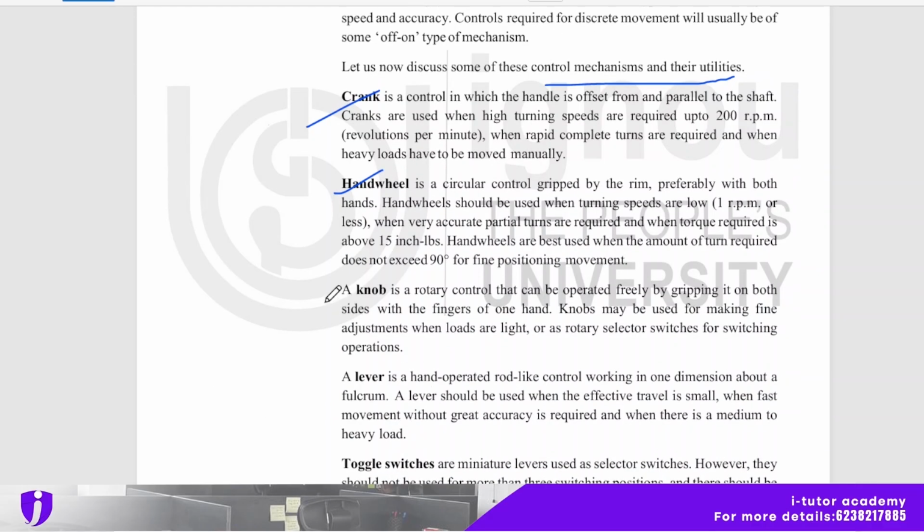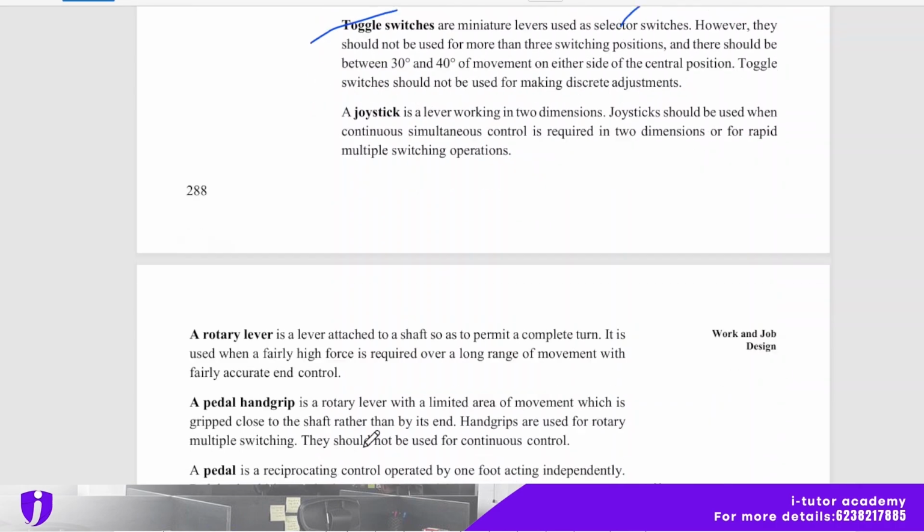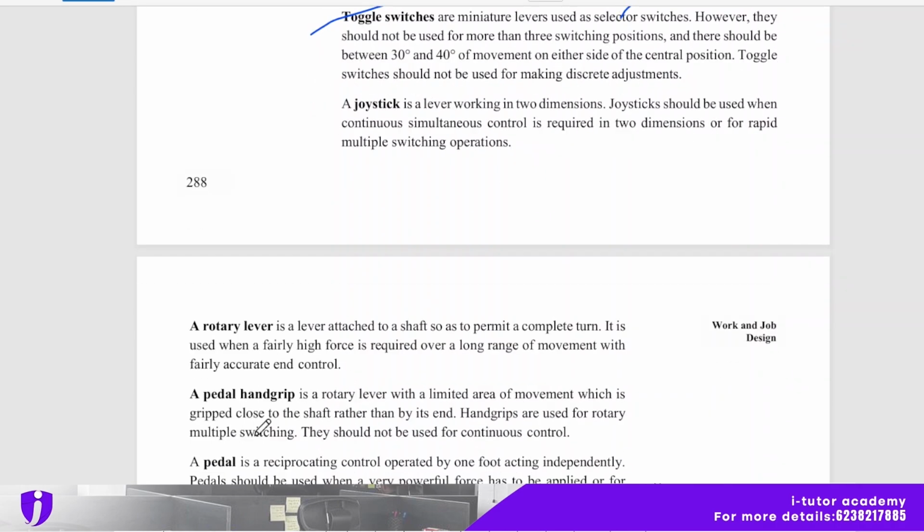Knob is a rotary control that can be operated freely by gripping it on both sides with the fingers on one hand. Lever is a hand operated rod like control working in one dimension about the fulcrum, and toggle switches are miniature levers used as selector switches, and joystick is a lever working in two dimensions.